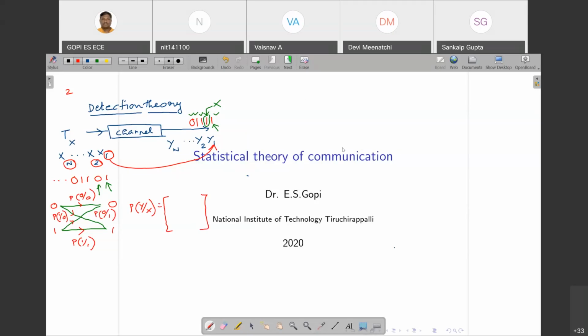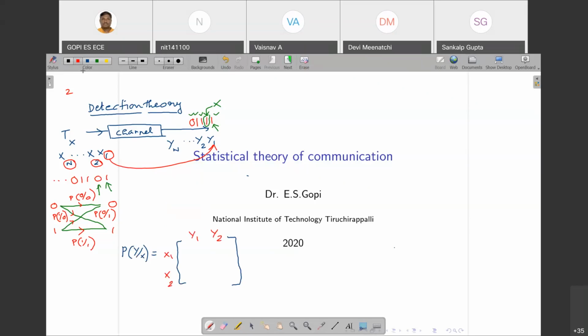Let me write it at the bottom. The channel matrix, what you see here, is p of y given x, and you can write the channel matrix like this. So here you have x, the random variable associated with the transmitter section, and y, the random variable associated with the receiver section.